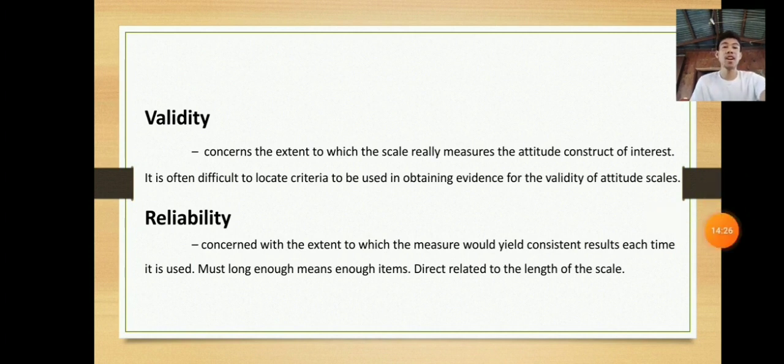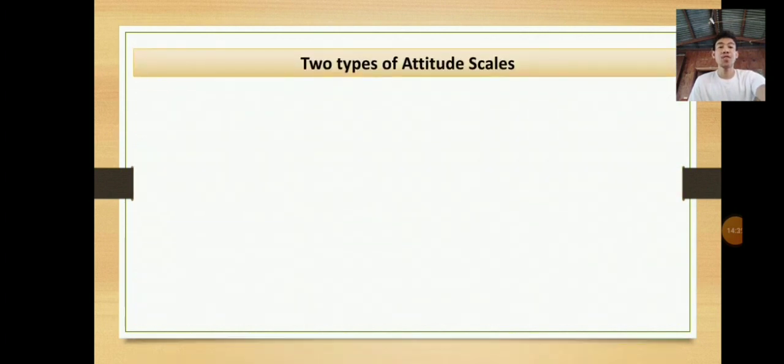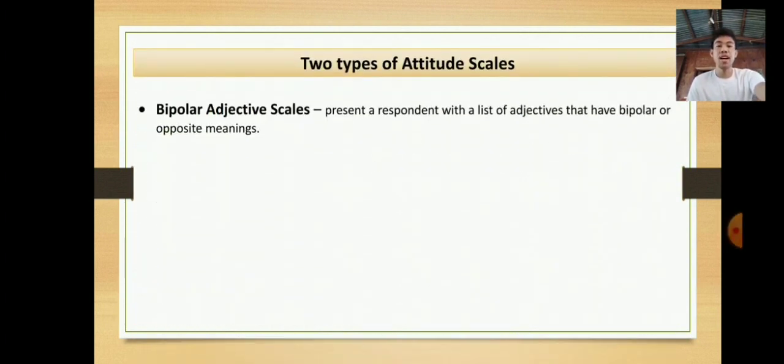Now, let's proceed to another type of attitude scale, which is the bipolar adjective scales. So, present a respondent with at least a list of adjectives that have bipolar or opposite meanings.